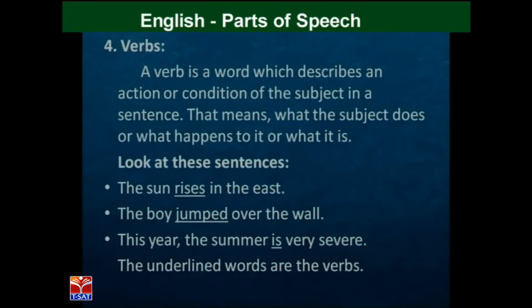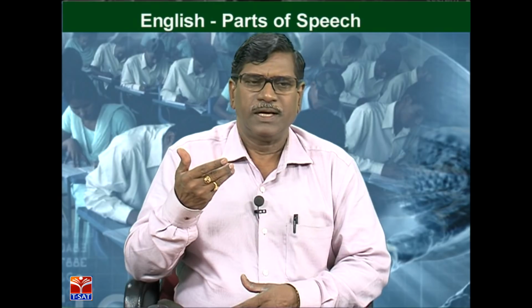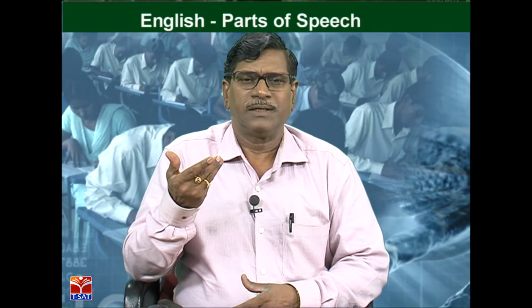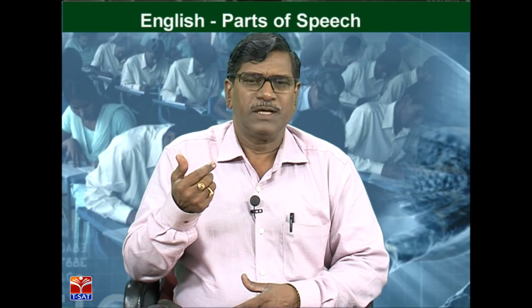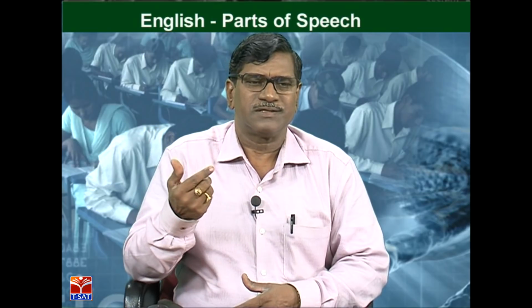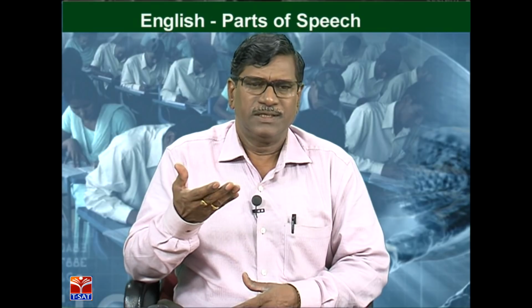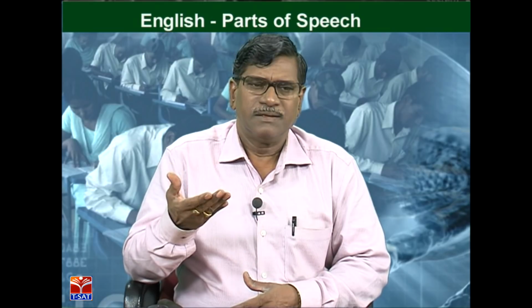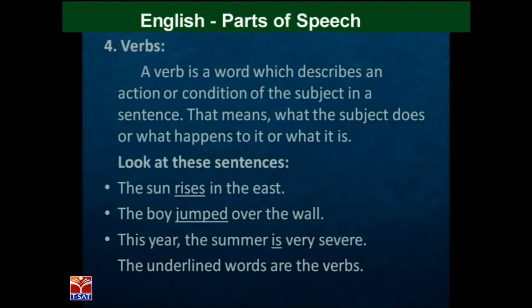Same thing. A verb is a word which describes an action or the condition of the subject in a sentence. That means what the subject does or what happens to the subject in the sentence is clearly given by the verb in the sentence. See, for instance, the sun rises in the east.